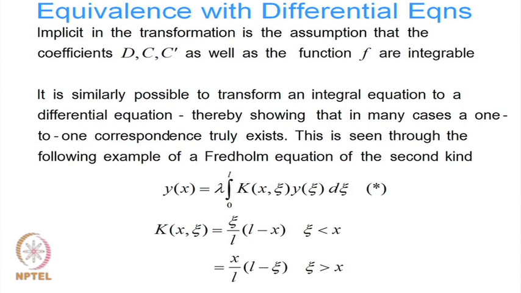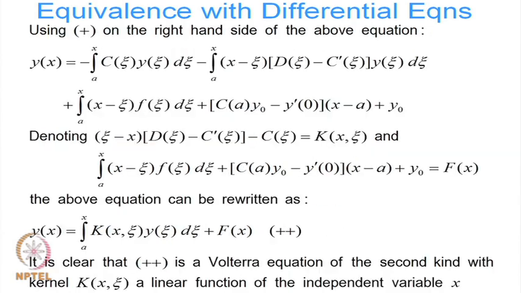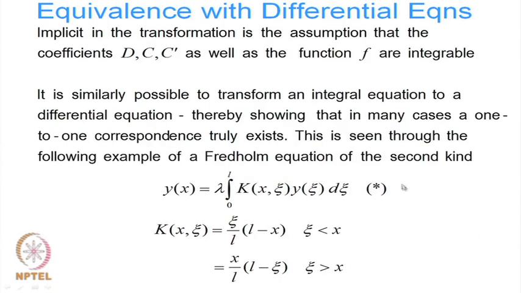Implicit in the transformation is the assumption that the coefficients d, c, c prime as well as the function f are integrable, because you can see that we have integrated them repeatedly, right? We have integrated f, we have integrated c prime, we have integrated d, so those are integrable. That is what we have assumed.